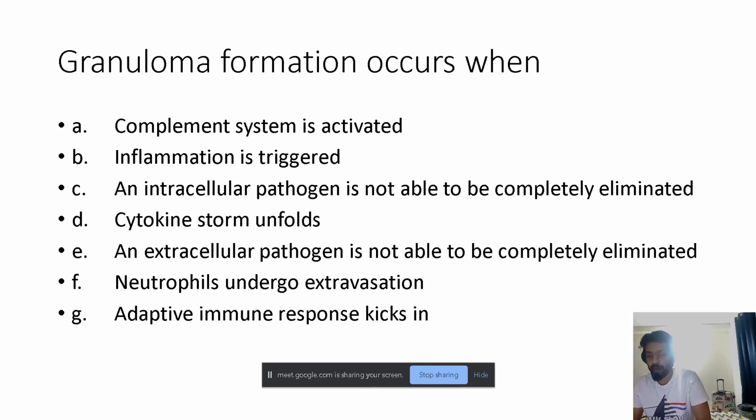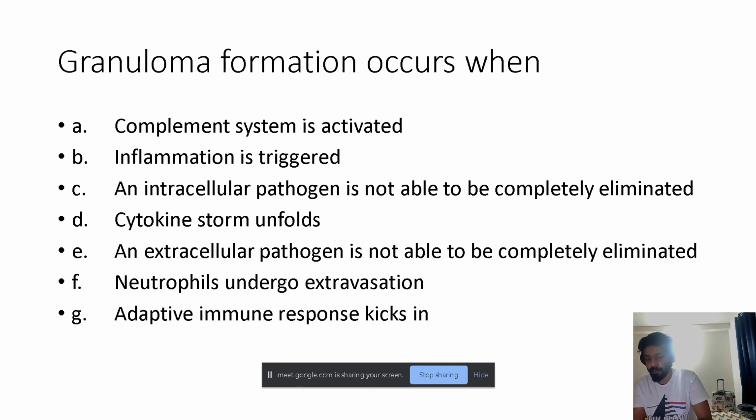So for that to happen, the macrophage first needs to engulf the bacteria. So the pathogen needs to be intracellular, and it should also not die. If it dies, there's resolution of infection. But if it doesn't die, only then the other immune cells of your body will come and form a wall around this infected macrophage, not letting it access the rest of your body, so that even if the pathogen comes out, it's isolated from your body.